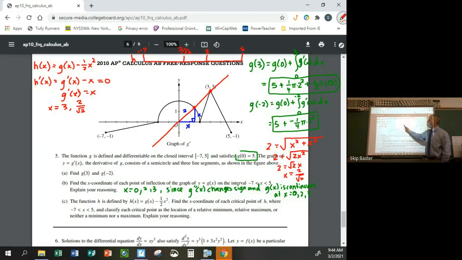If I substitute 0 in, I get what? I get 0. So why didn't I come up with that as a critical point?